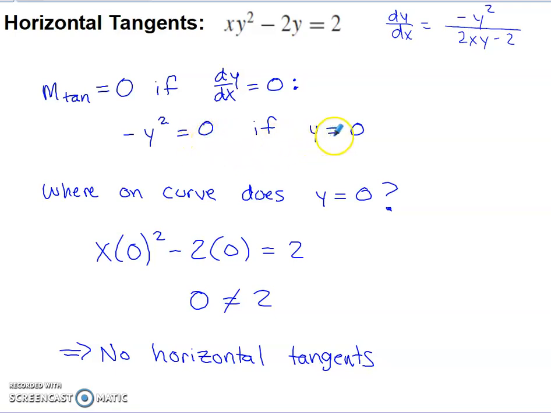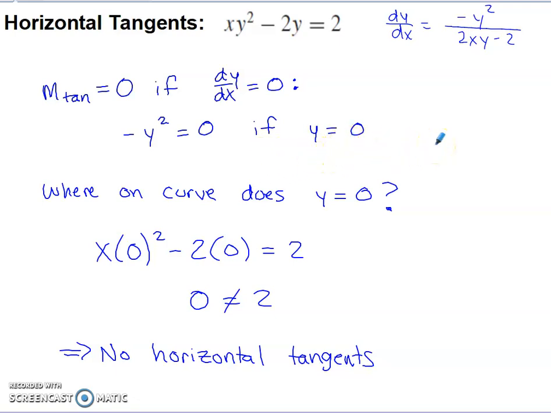I get the solution y equals 0. Now, does y equals 0 also make the denominator 0? Because keep in mind, 0 divided by 0 is an indeterminate form. 0 going here in place of this y is going to make this piece go away. 0 divided by -2 is not 0 over 0. So the only location where my derivative equals 0 is where y is equal to 0.